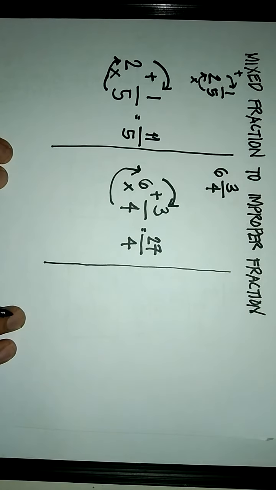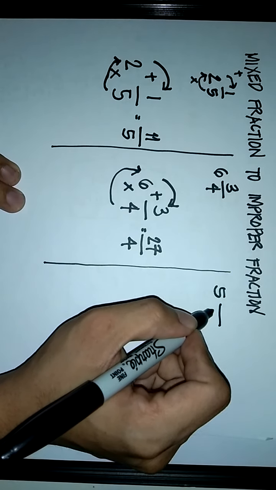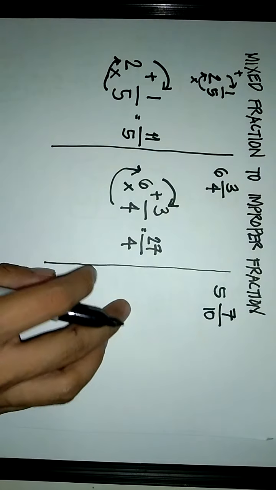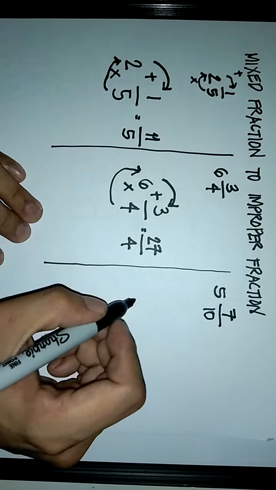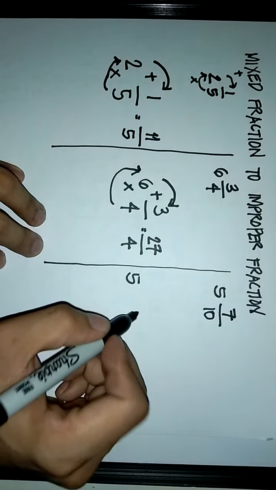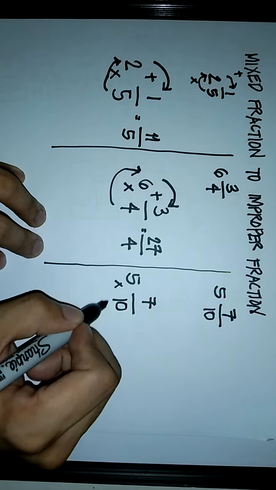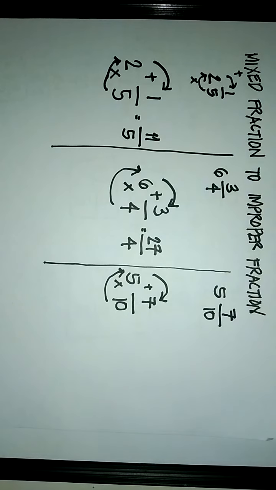Last example. Let's have 5 and 7/10. So, paano nga ba yun? So, let's write it as may malaking spacing. So, we have 10 times 5 plus 7. So, same process tayo. And kapag nagets nyo na yung process na ito, I am sure na you can do this with ease.